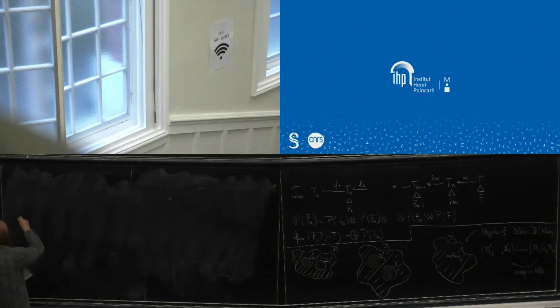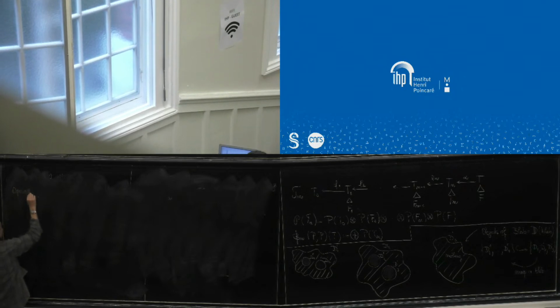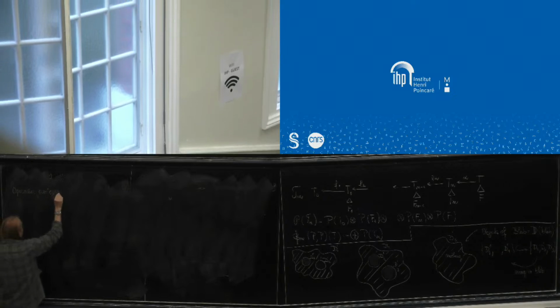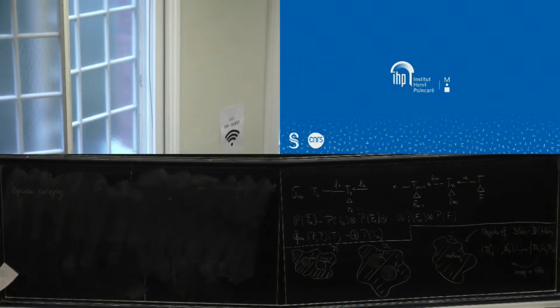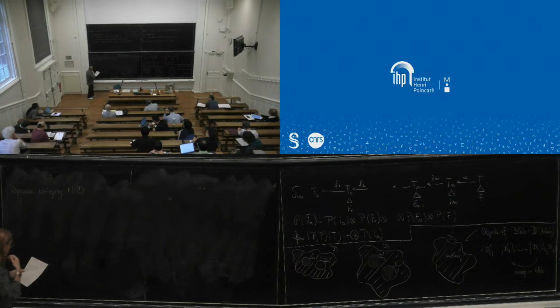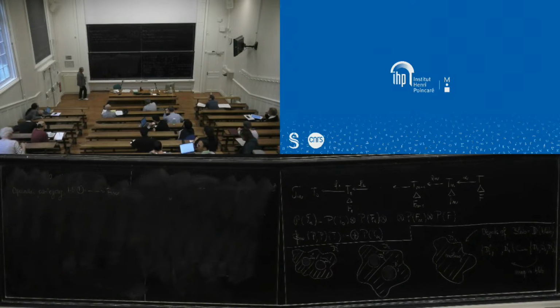Very good. So what is an operadic category? Certainly it is a category O, which is equipped with a functor to the skeletal category of finite sets, namely finite ordinals.